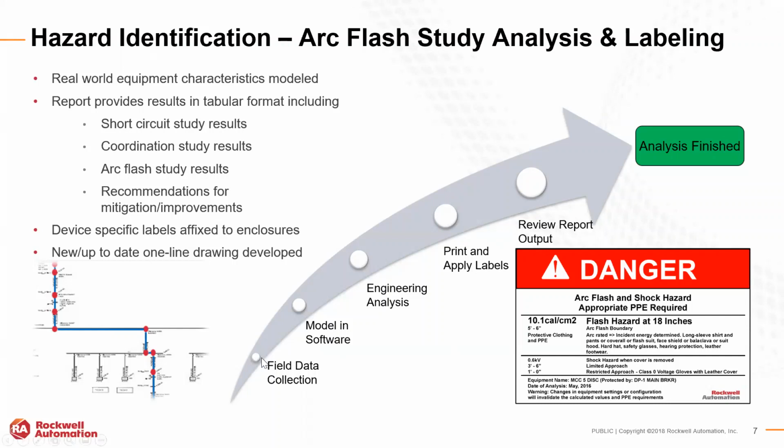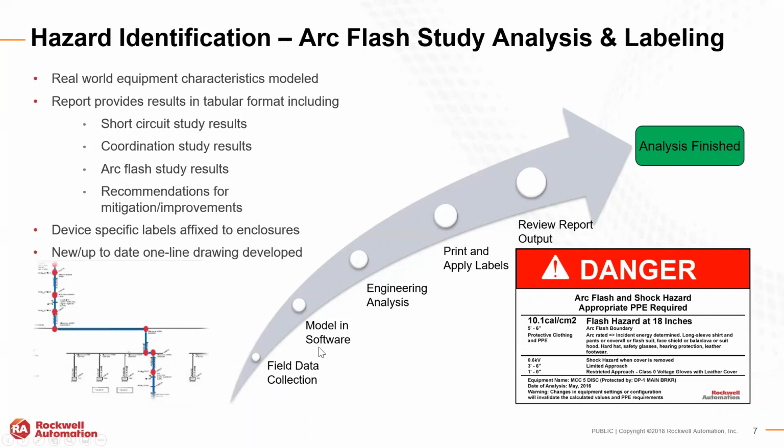So the first step in that process is typically a field data verification or data collection step, where an arc flash technician or electrician or electrical engineer will visit your facility and capture all of the electrical equipment characteristics installed in your facility, things like wire size, length, and type going in and out of each device, nameplate info for your devices, manufacturer, make, model, specific settings of your circuit breakers, things like that, starting from, if you can see my mouse, the incoming utility transformer at the facility on through the various three-phase loads in the system.